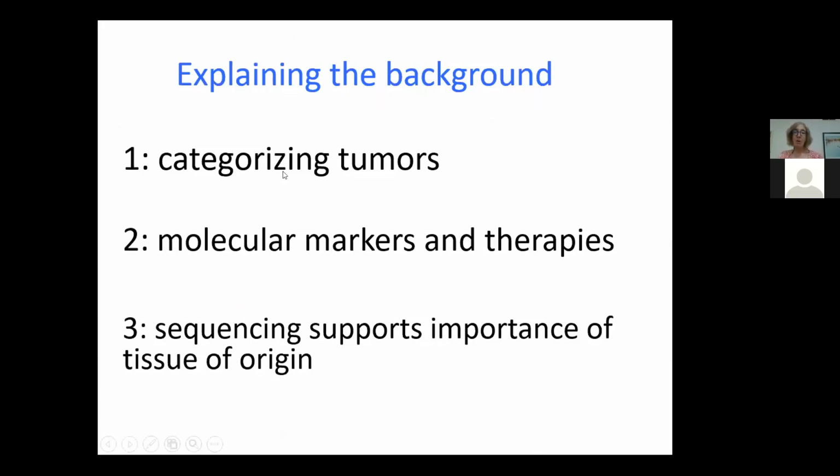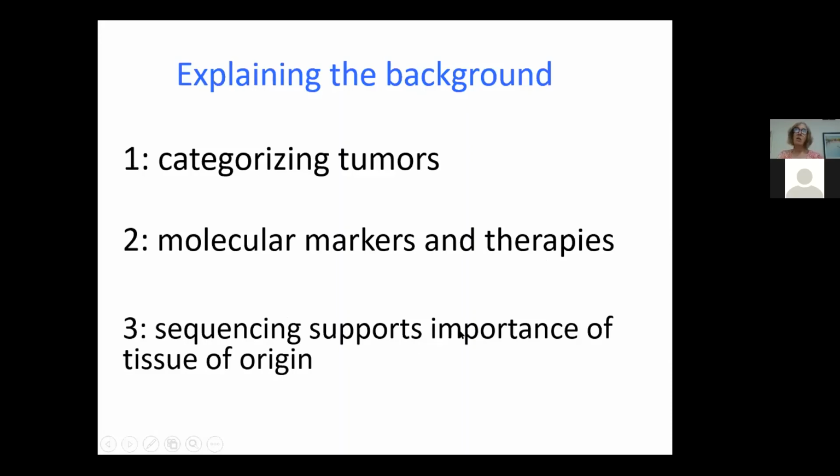So for this paper, you'd be talking about how the different tumors were categorized, the normal markers like BRAF mutations or other mutations that the tumors commonly have, the types of therapy that's normally used, and a whole theory that we don't have time to go into now about the importance of tissue of origin.